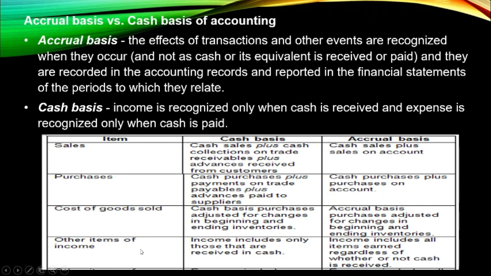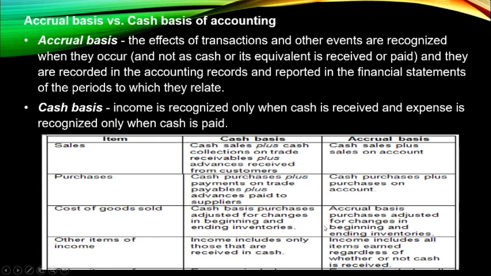Other items of income. Income includes only those that are received in cash. So, any income that are not received in cash are not recorded here. But an accrual base includes all items earned regardless of whether or not cash is received.